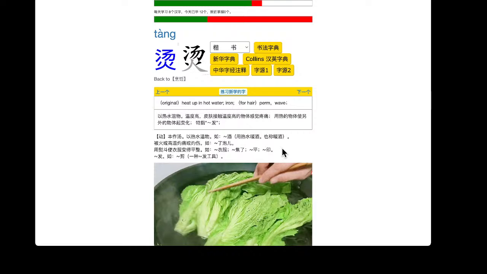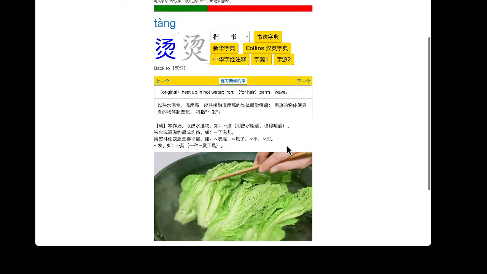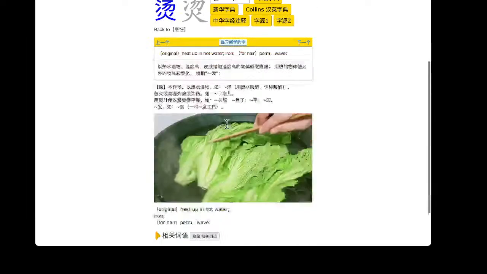烫头发 means you perm or wave your hair. So for 烫, the original meaning, just remember that you put stuff in hot water to warm up. That's the original meaning. Let's take a look at the character.